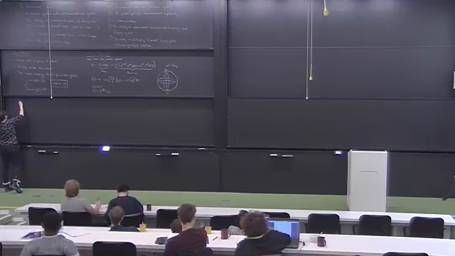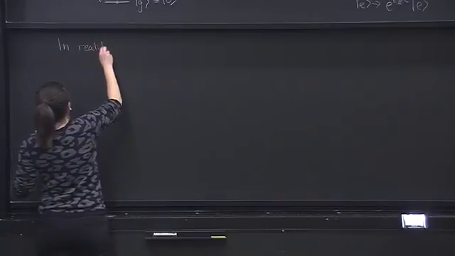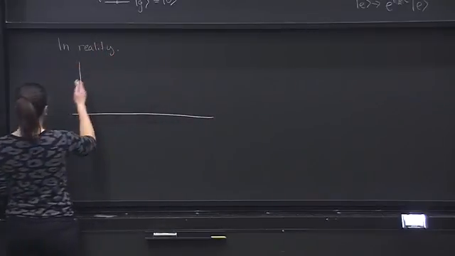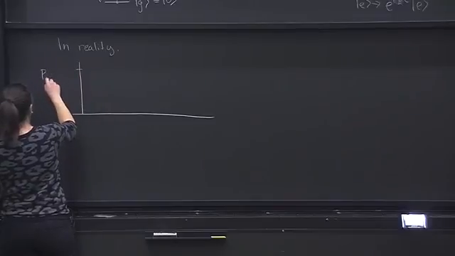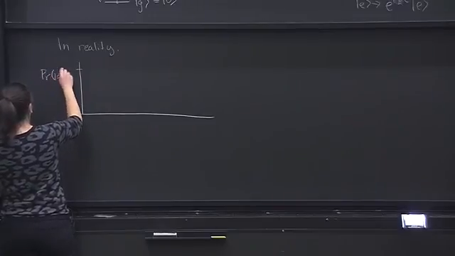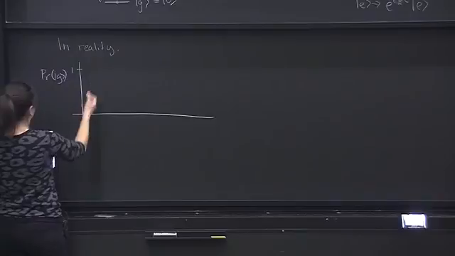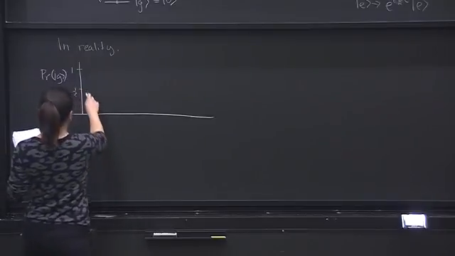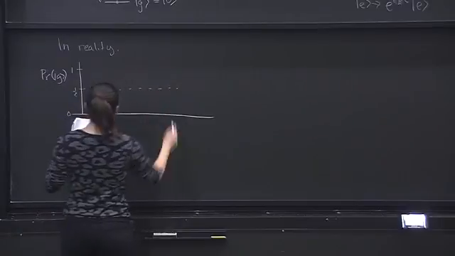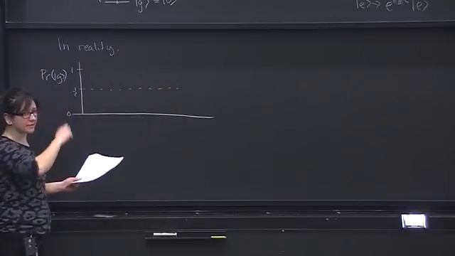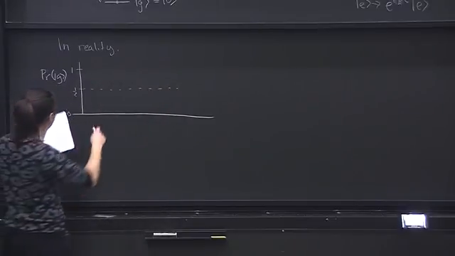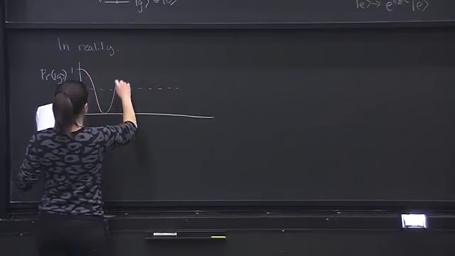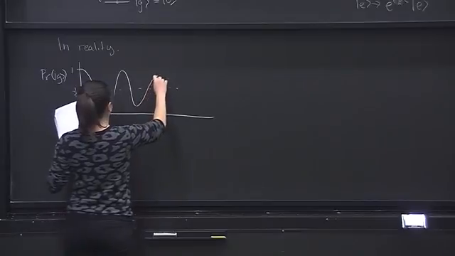The probability of being in the ground state goes from 0 to 1. And so we expect kind of this sine squared oscillation, but really what happens is it starts to get damped.